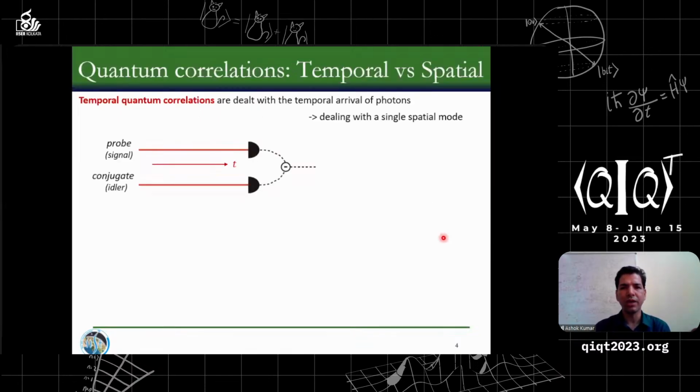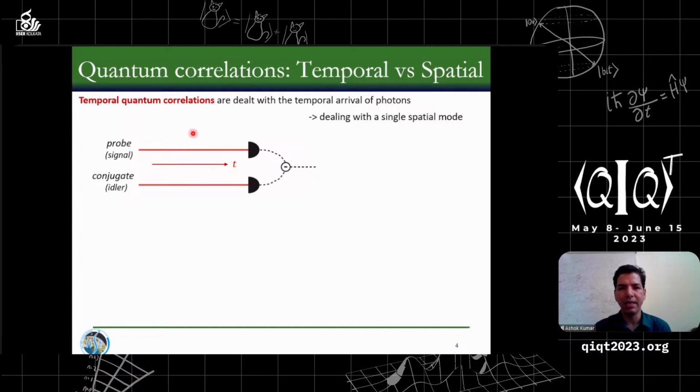Now, coming to the quantum correlations. Of course, I said spatial quantum correlation, which means there has to be temporal also. So what do we mean by temporal correlation? Most experimental quantum optical experiments deal with the temporal arrival of photons.